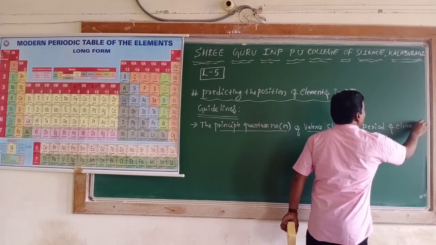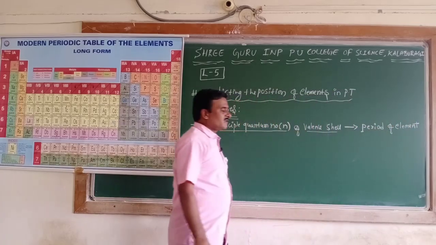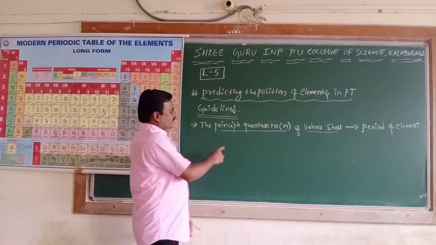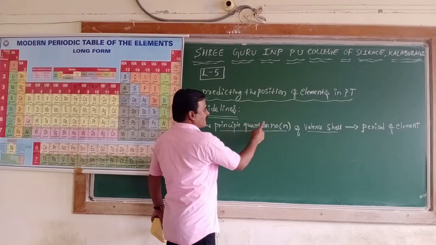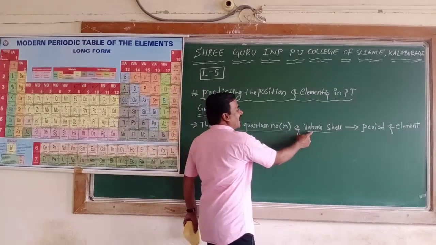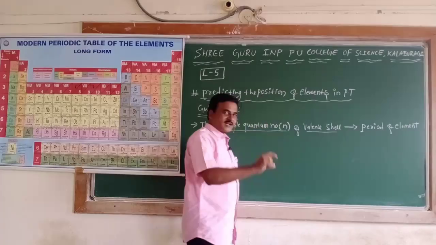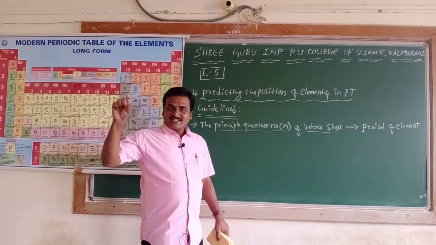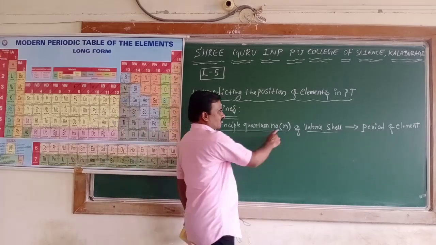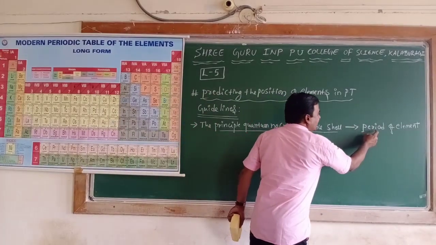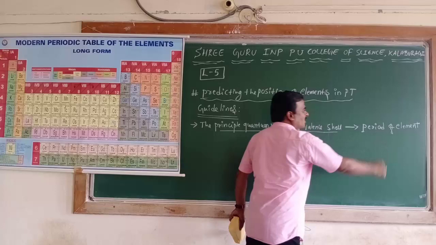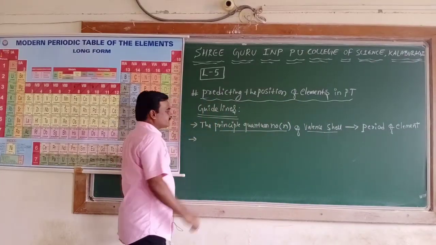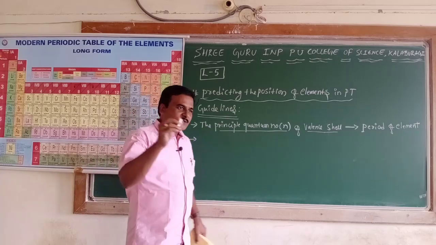To which period it belongs can be predicted with the help of the principal quantum number of the valence shell when you write the electronic configuration. So n of the outermost shell will decide the period of the element to which it belongs.